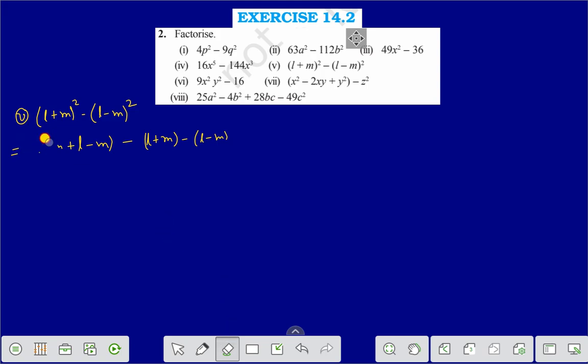Or it can be written in simple form: take this as A and this as B, and A plus B into A minus B. In the third bracket, A plus B is L plus M plus L minus M. In the second bracket, A minus B is L plus M minus (L minus M).